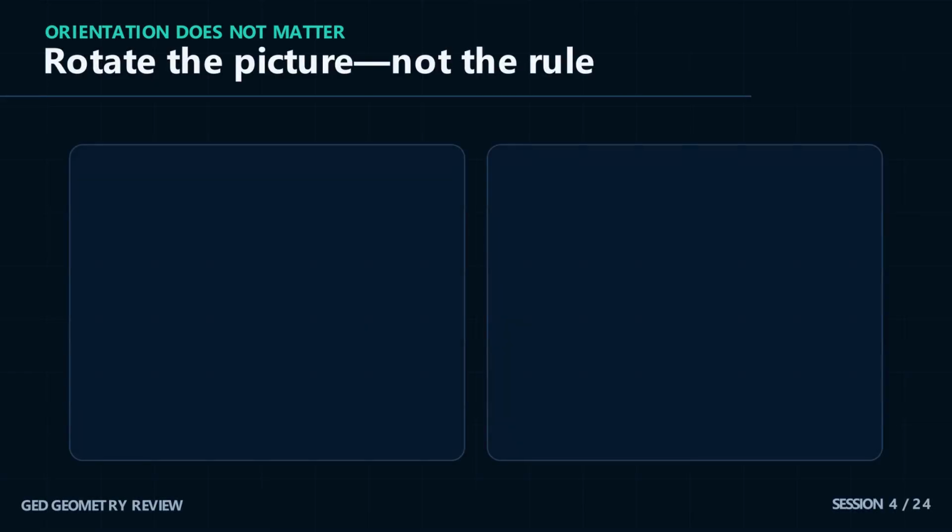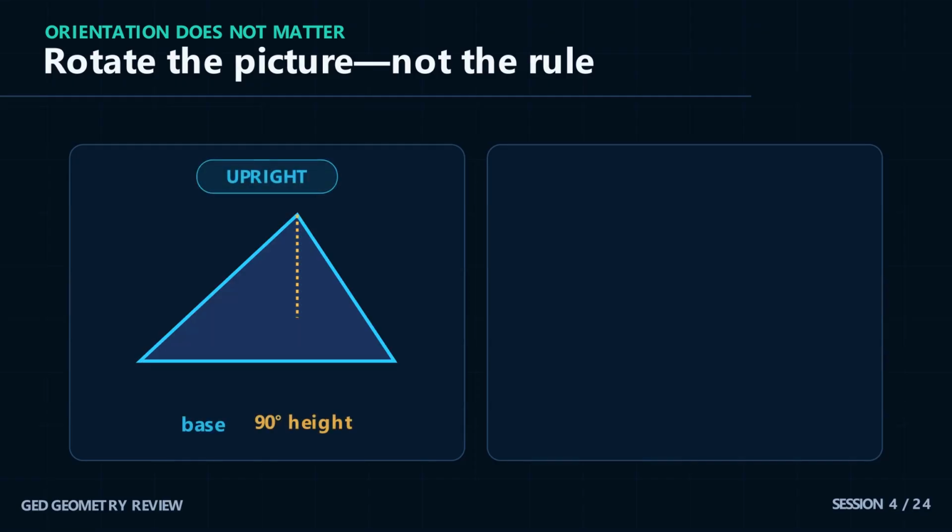Tilting a triangle does not change its area. First, look at the upright triangle. Mark the selected base and its perpendicular height. Now, rotate the entire drawing. The base, the height, and the right angle marker rotate together. The dashed height may no longer look vertical.